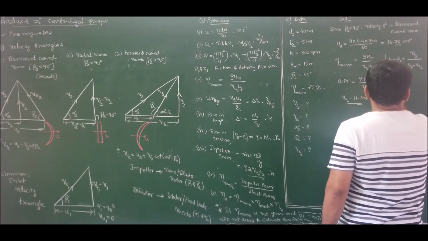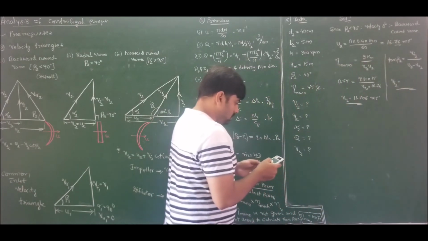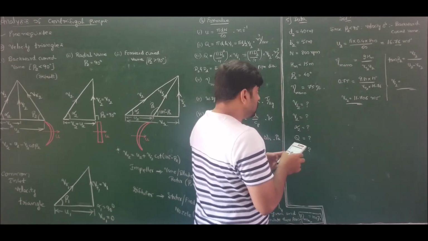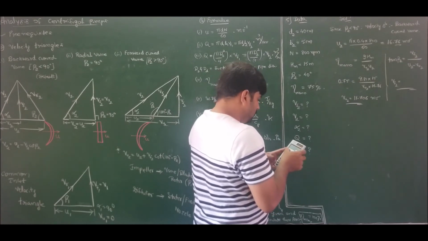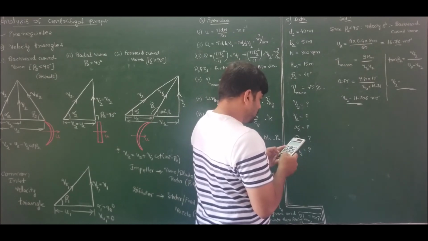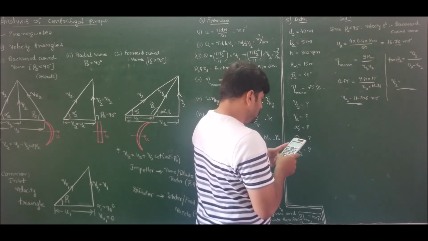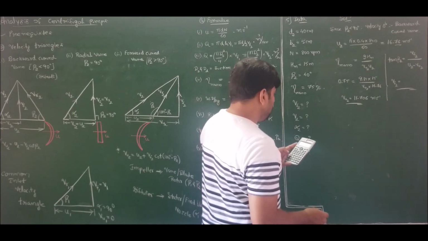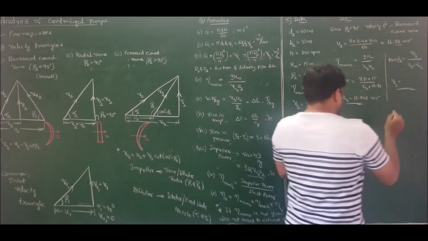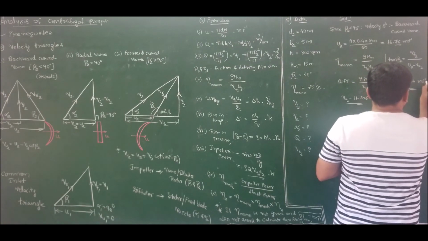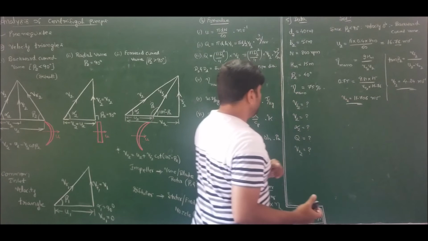So tan of 40 degrees equals VF2 divided by 16.76 minus 11.706. If I solve, I will get the value of VF2 as 4.24 meters per second.